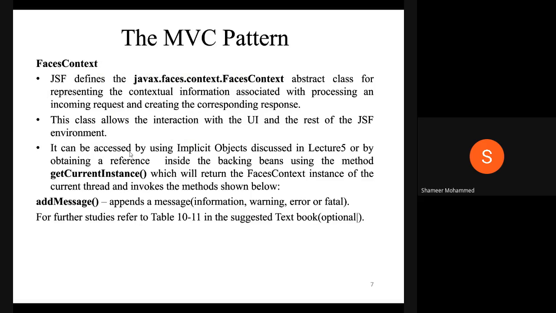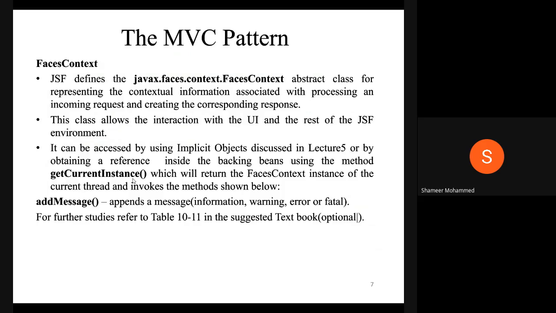It can be accessed using your implicit objects like request. What we discussed in lecture 5, the implicit objects like view, scope, application, request, those things. You can get the reference and access it using this method inside the backing bean, get current instance.